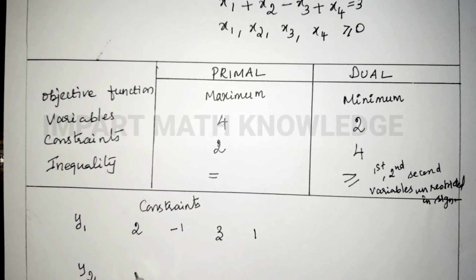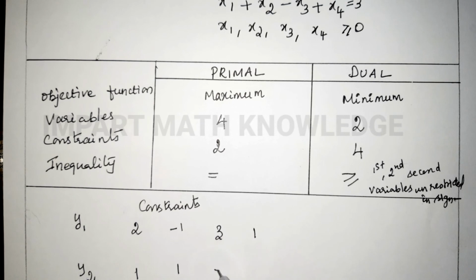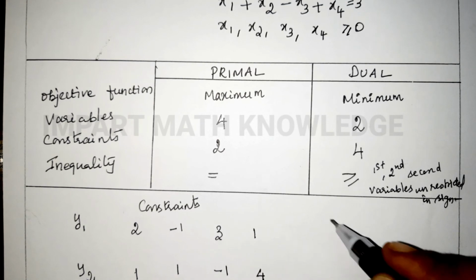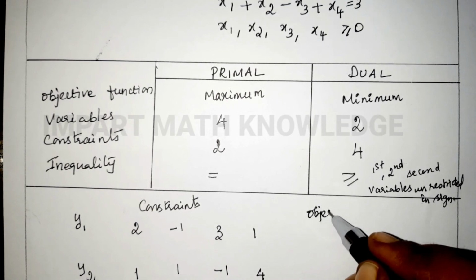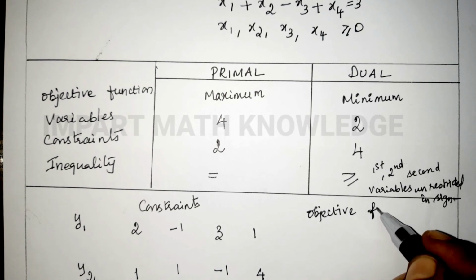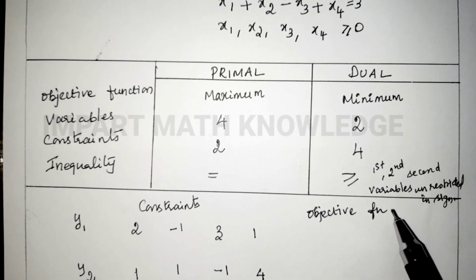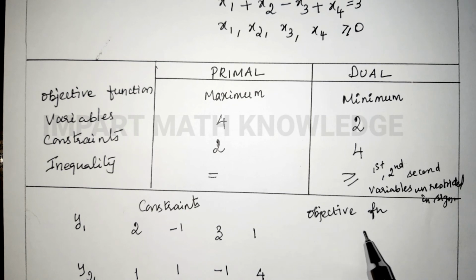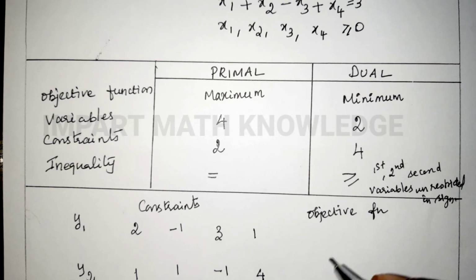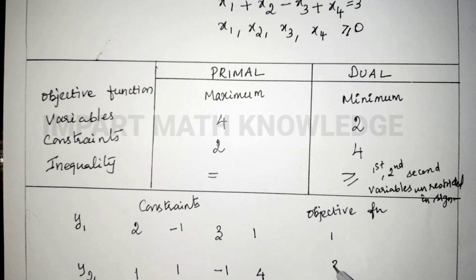In the second condition, 1, 1, minus 1, 4. The coefficient of the objective function is nothing but the right hand side value of the given problem, that is 1 and 3.